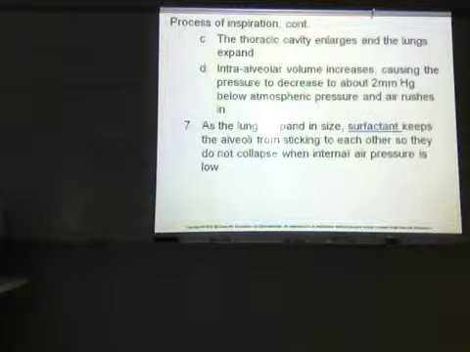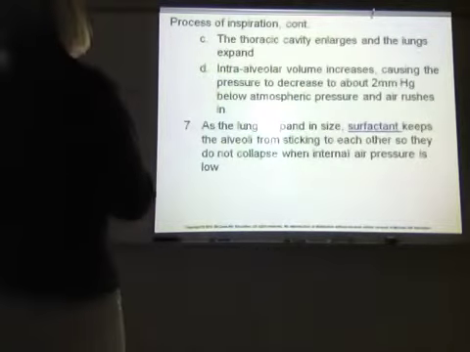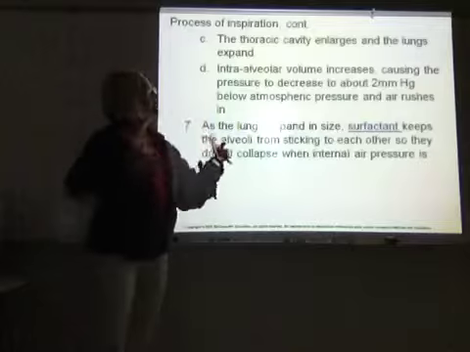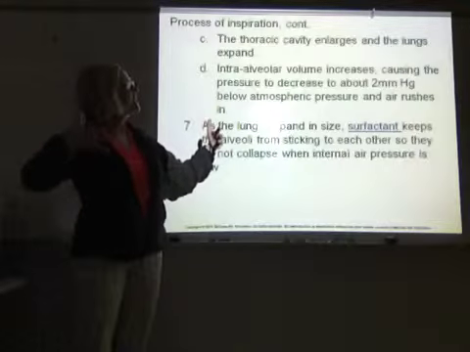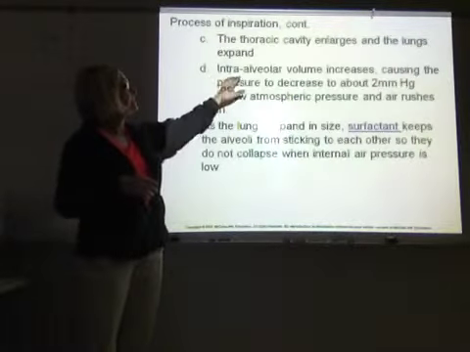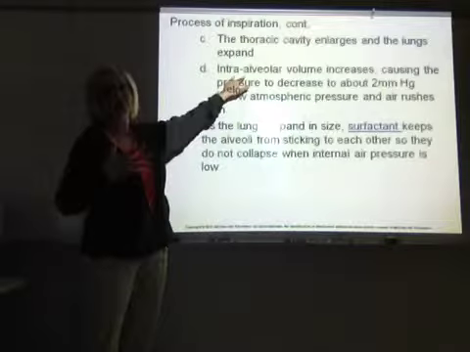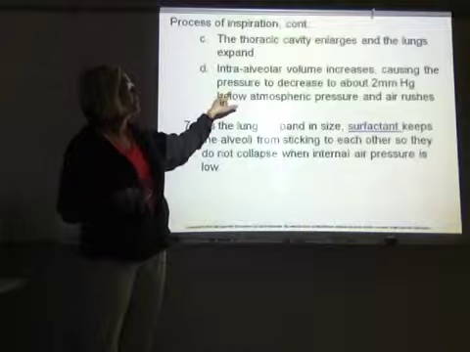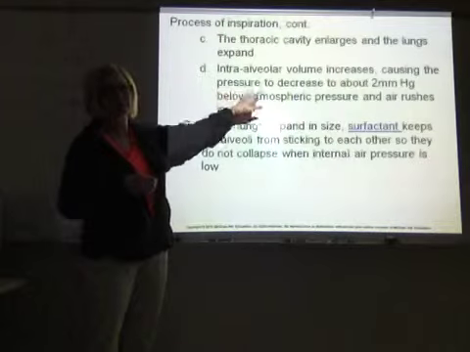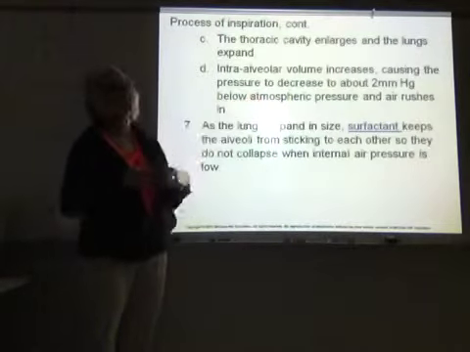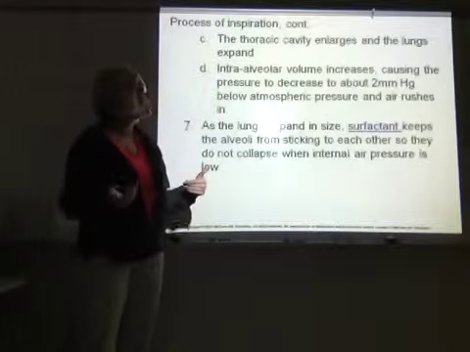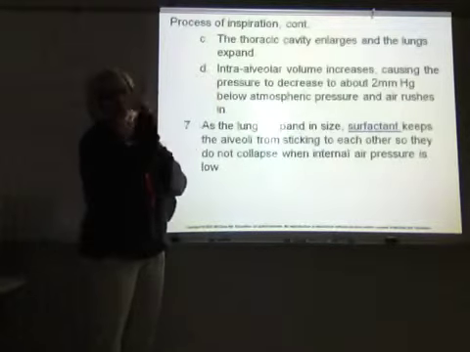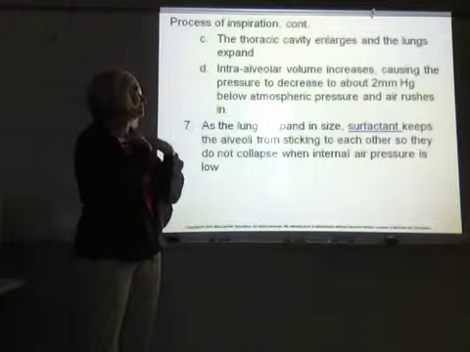Larger area, lower pressure. So that thoracic cavity enlarges, the lungs expand, and then that alveolar volume increases, causing the pressure to decrease. I don't expect you to memorize that part, but it allows the pressure to decrease, and then atmospheric pressure pushes air in.